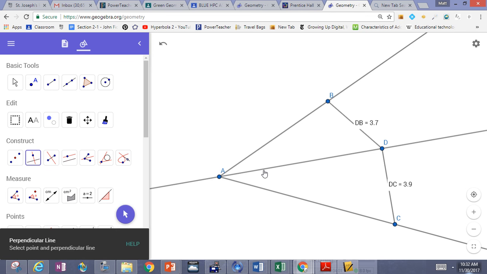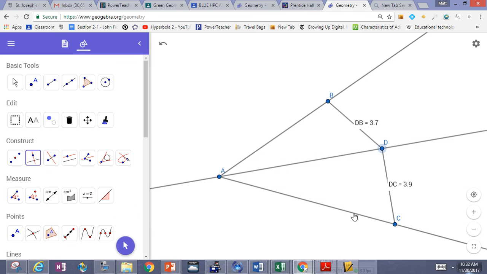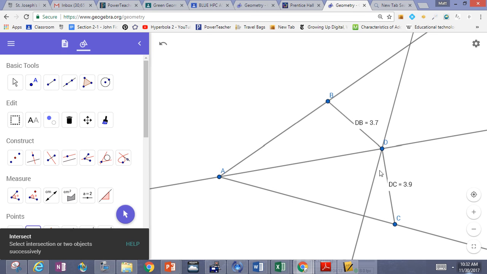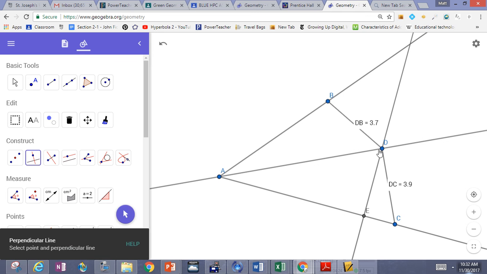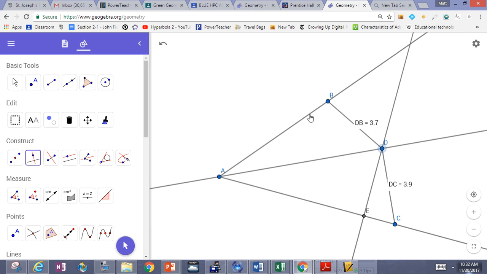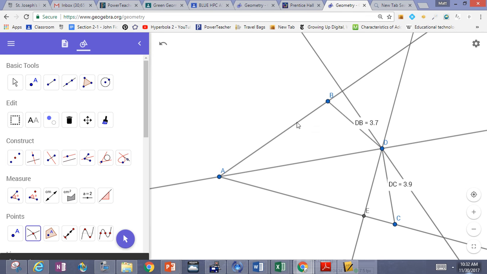That's why there's a perpendicular from D down to this side. I want to mark that point of intersection right here, that's point E. Likewise, I'm going to draw this perpendicular from D to the other side, and I'll mark that point of intersection with this tool.